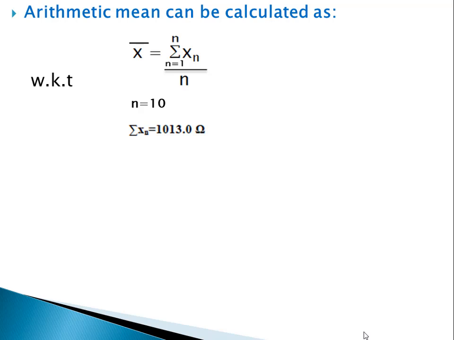Now substitute these two values in the equation, so x bar is equal to 1013.0 ohm divided by 10. After calculation, the arithmetic mean x bar is equal to 101.3 ohm. This is how we can solve for the arithmetic mean.